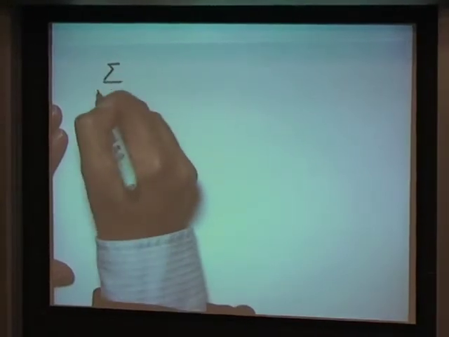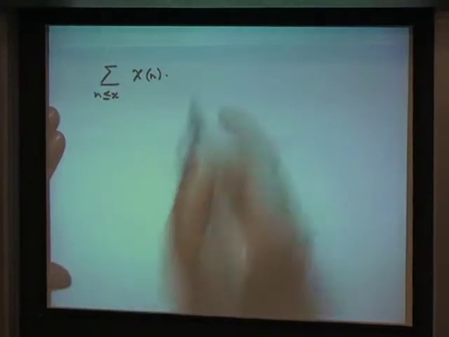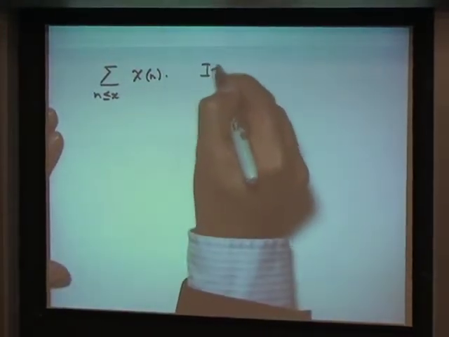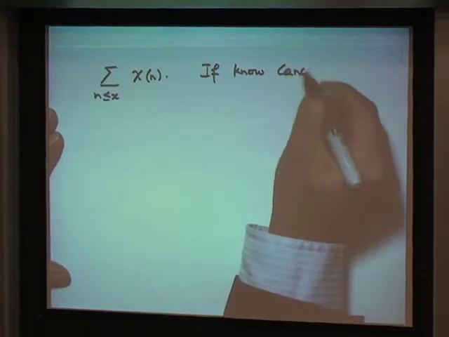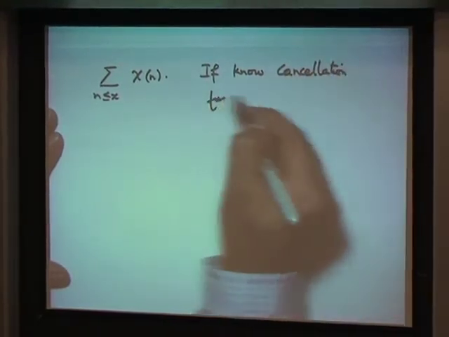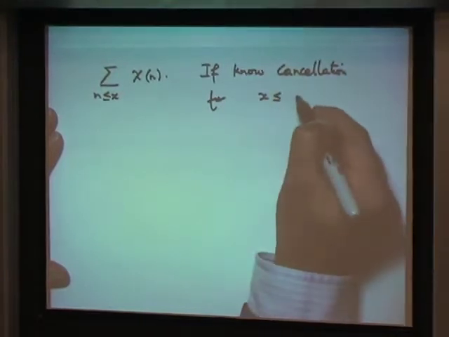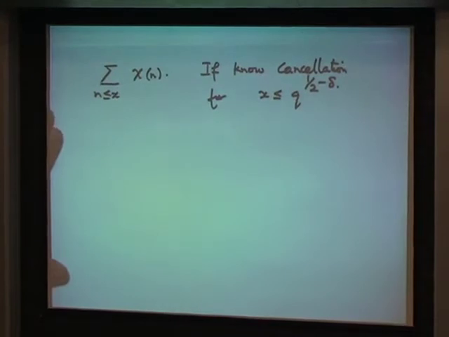Okay. Now, in the case of Dirichlet L functions, you can see that if I understood something about the character sums, the sum over n up to x of chi n, so if I know cancellation in here, for values of x which are a little bit smaller than q to the 1/2 minus delta.